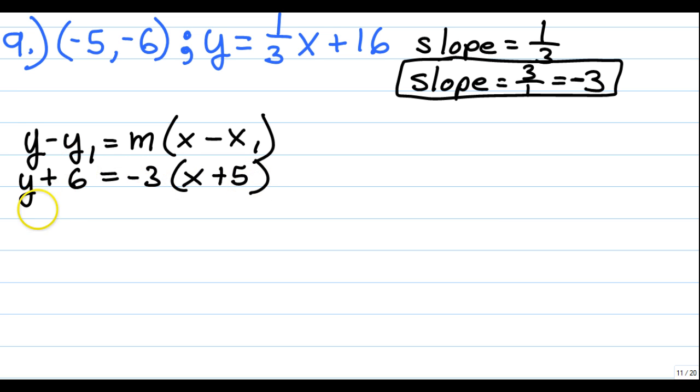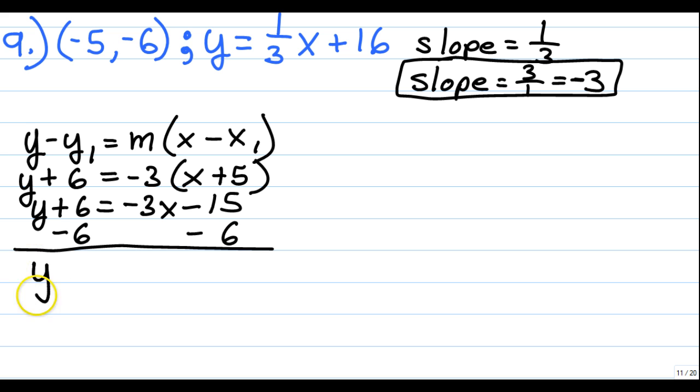So let's start simplifying. This will stay the same, y plus 6, but we need to distribute this negative 3 through the parentheses to simplify. So a negative 3x minus 15. Next, we're going to move the 6 out by subtracting to leave the y on its own. So minus 6, minus 6.